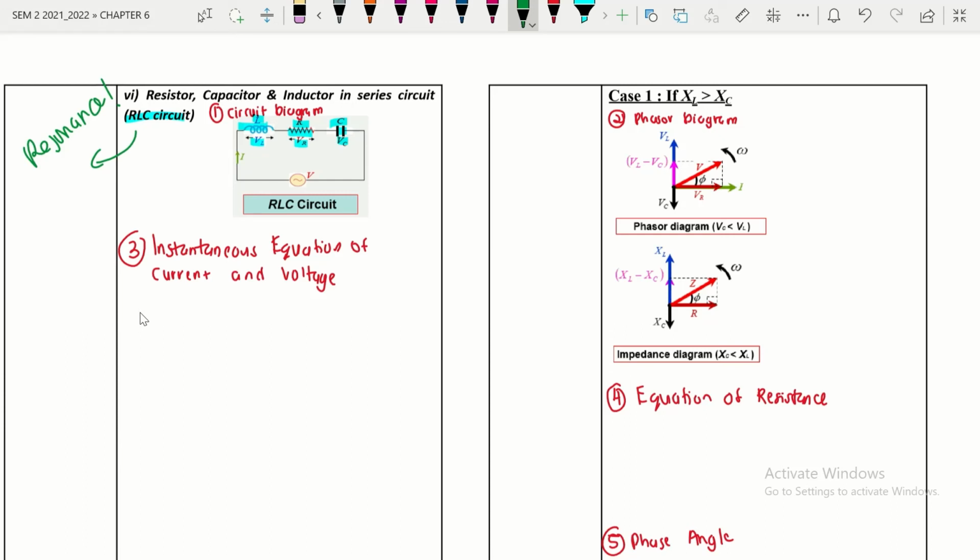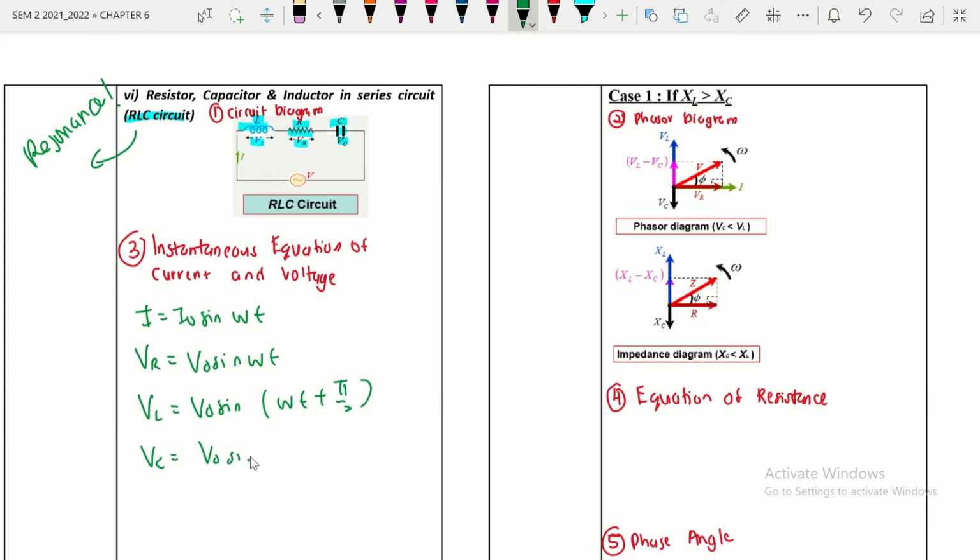So, instantaneous equation dia adalah current adalah I naught sin omega t, and then voltage across the resistor adalah V naught sin omega t, and then voltage across the inductor adalah V naught sin omega t plus pi over 2, and voltage across the capacitor is V naught sin omega t minus pi over 2.